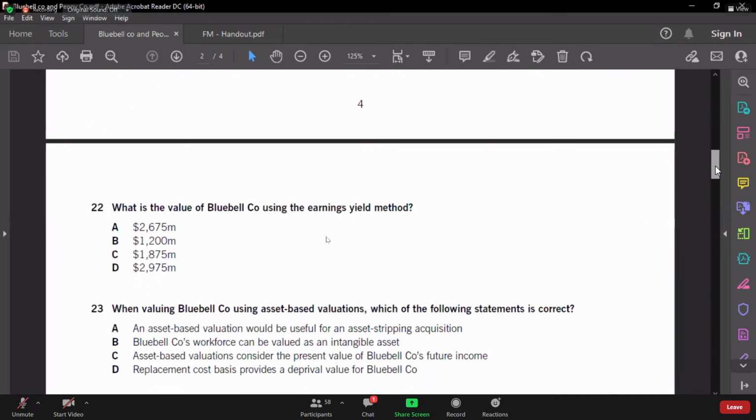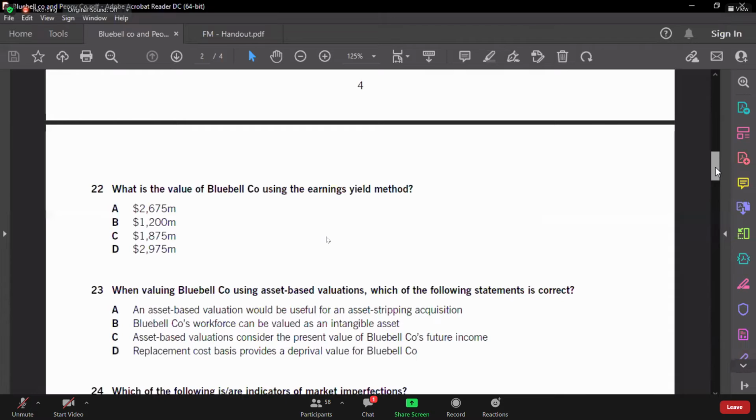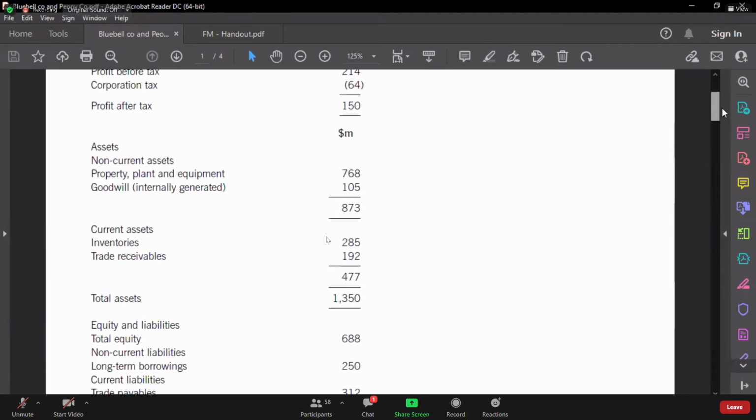What is the value of Bluebell company using the earnings yield method? Okay, do it.